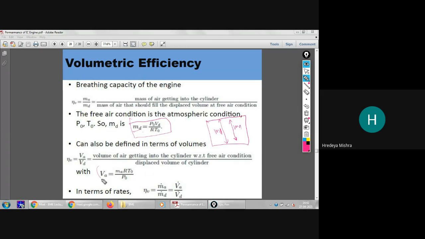So here VA equals MA R T naught over P naught. So here we get the volume. Now in terms of ratios, see here, MA over MD, VA over VD. This is the volumetric efficiency of the IC engine.